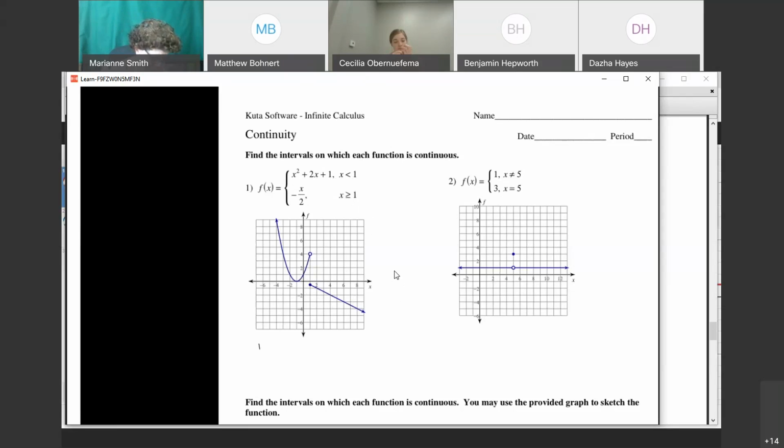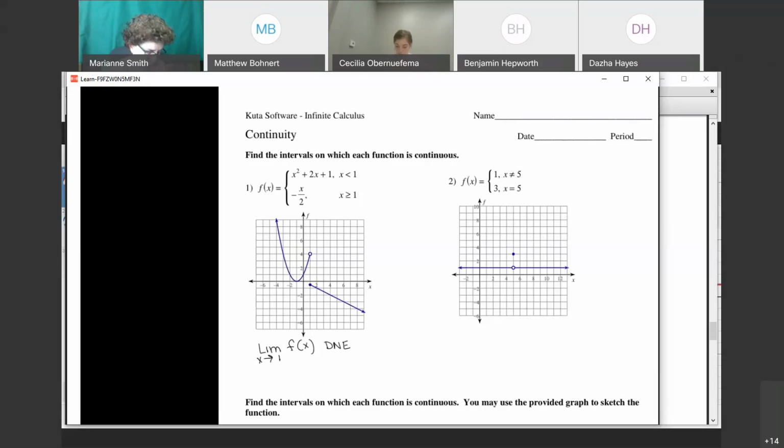Okay, so the limit as x approaches 1 of this function does not exist. Is everybody clear on why this limit doesn't exist?